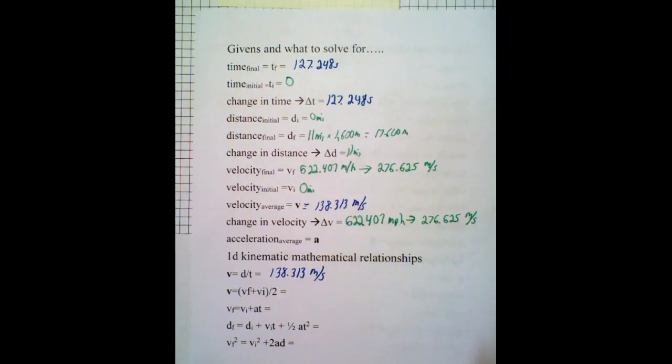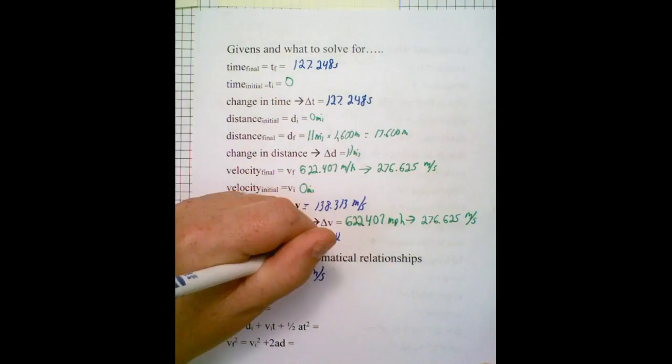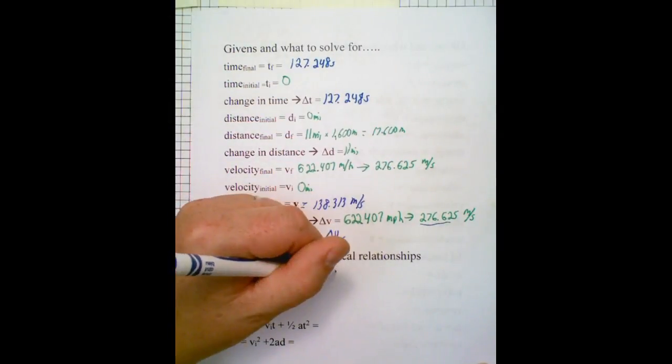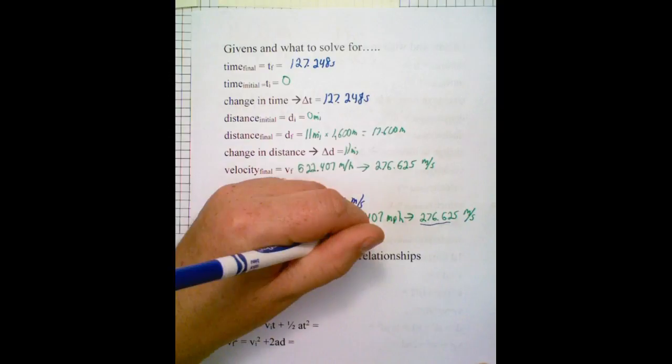What's left? The acceleration. Acceleration is change in velocity over change in time. Our change in velocity was 276.625 meters per second. So I go 276.62325 divided by the change in time, 127.248.